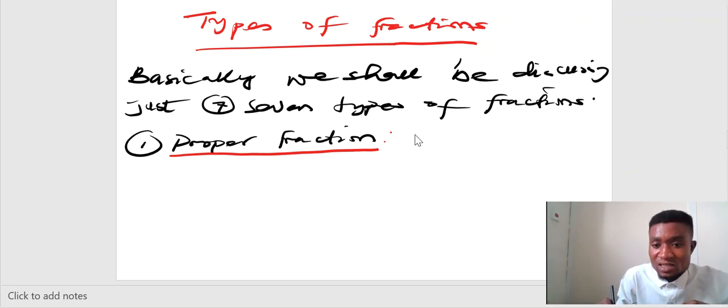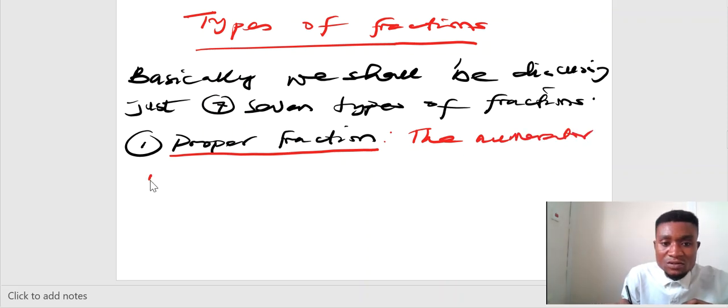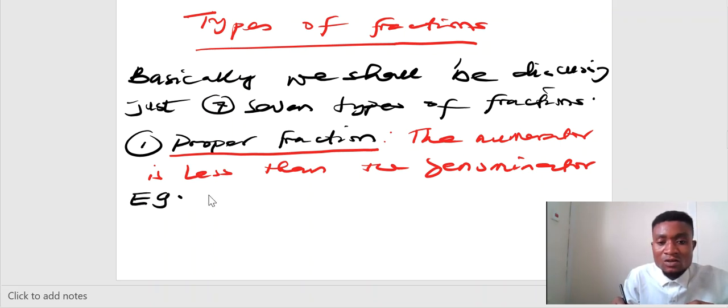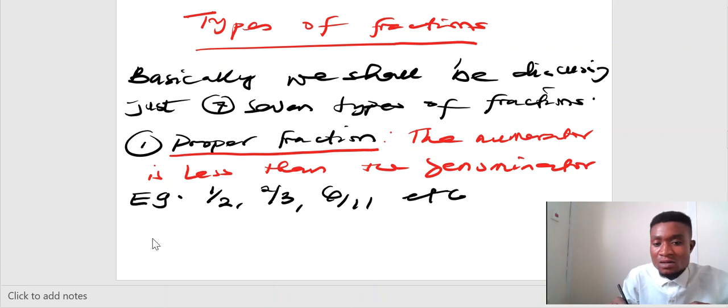So here we said the numerator is less than the denominator. For example, we have 1 over 2, we have 2 over 3, we have 6 over 11, and so on and so forth.